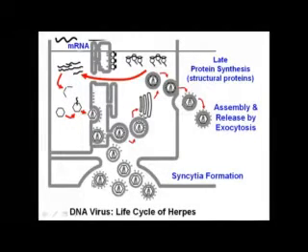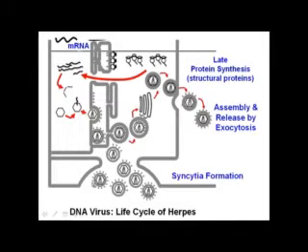Now we're going to move to the last stage of viral infection with the herpes viruses, where we're still getting genome produced, we're still getting some late protein synthesis, and remember what we said for late. We said late protein synthesis is going to go into making the structural component of the virus.